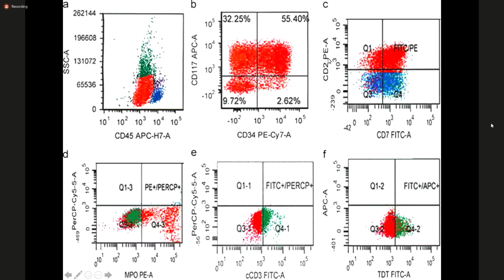Here it is both positive, CD7 positive and CD2 positive. So that's how you interpret the plot or graph that we get from flow cytometry, and that helps to say whether it is an immature or a mature malignancy, and whether it's myeloid or lymphoid, or which lineage they belong to.